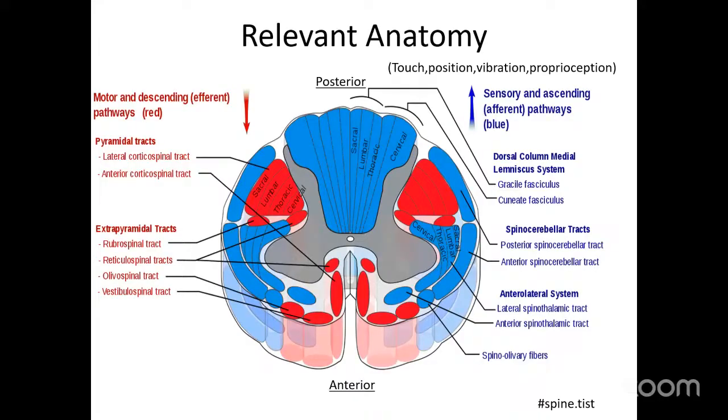Recalling the anatomy classes from first year, just remember posteriorly touch, position, and vibration sensations are located, right? And anteriorly in the spinothalamic tracts, pain and temperature sensations are carried.